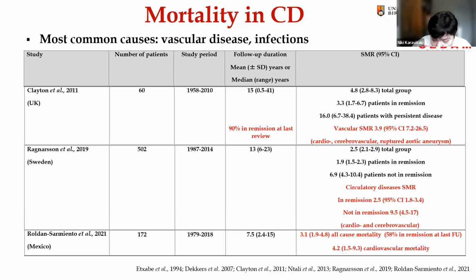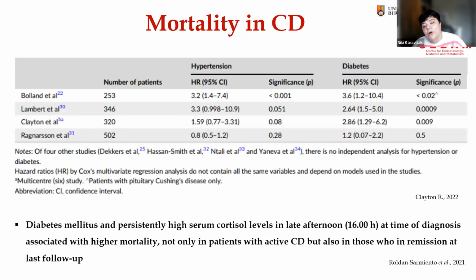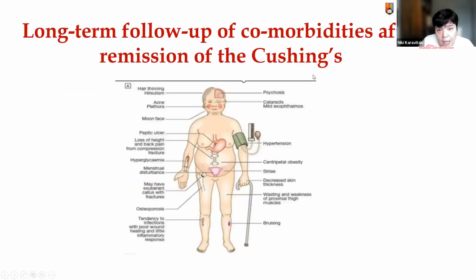And these are lessons we have to take on how we manage these patients, because it has been clearly shown that the presence of diabetes and hypertension in some studies in patients with Cushing's are predictive factors for high mortality, which means that we have to attack these risk factors.